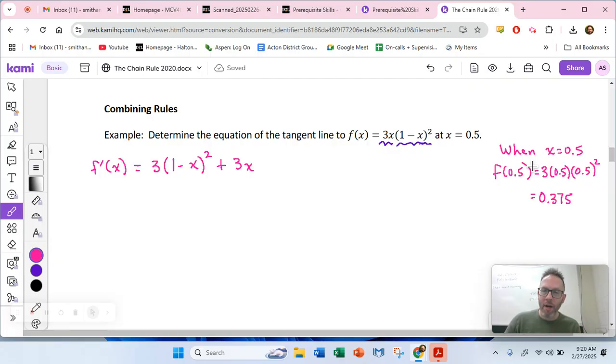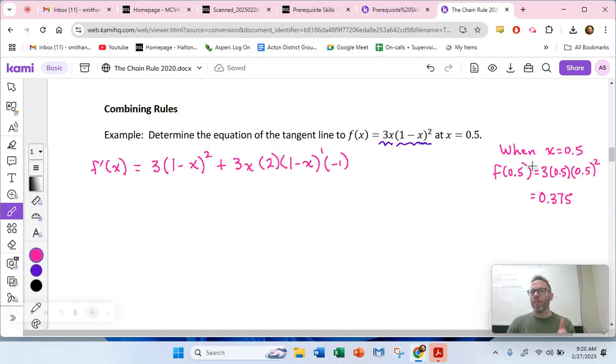So we bring down the 2, we leave the inside alone. That's what the chain rule says. We take 1 off the exponent, and we multiply by the derivative of what's on the inside, negative 1. And we should clean that up so we can plug in.